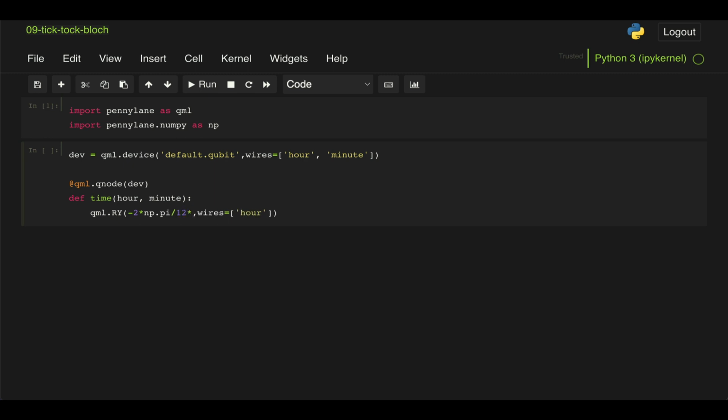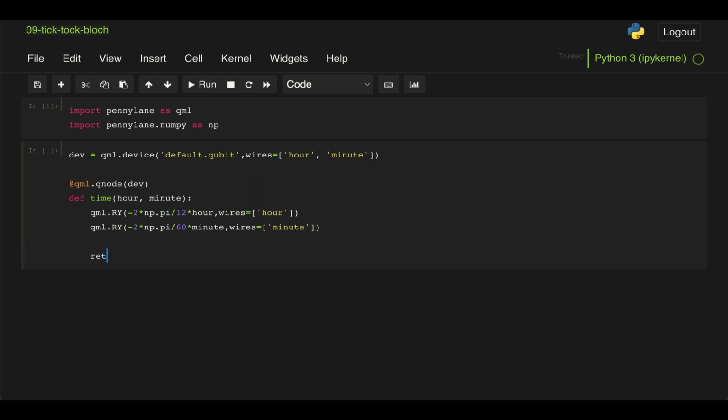And then multiply that by the hour. And then similarly for the minutes, all we need to do is exactly the same, but the wire we're going to apply this to is the minute wire. And if in that 2 pi circle we have 60 minutes, well, we need to then divide by 60, not by 12, and just specify here minute.